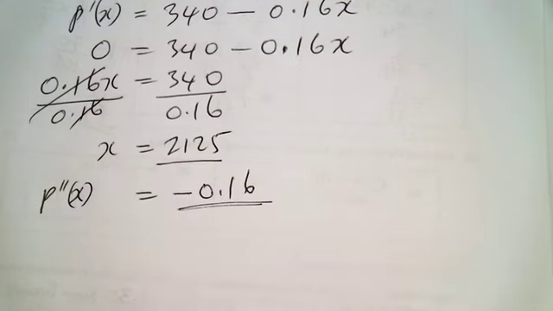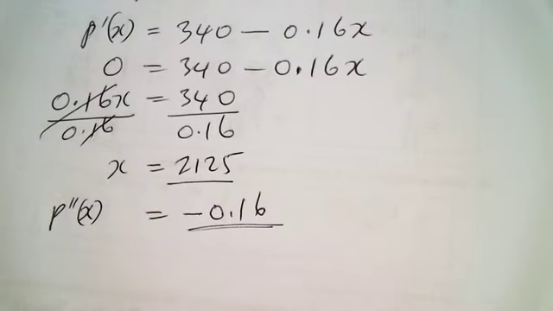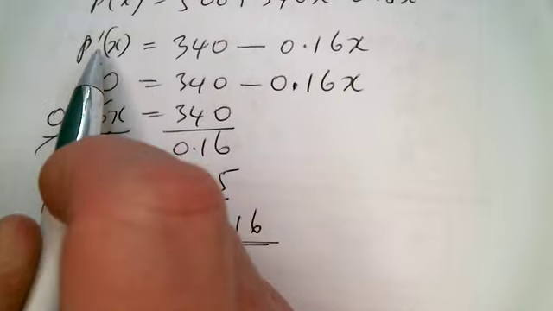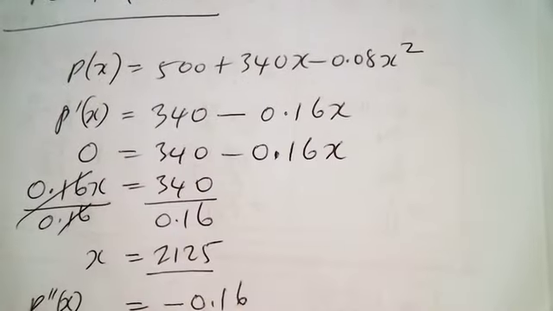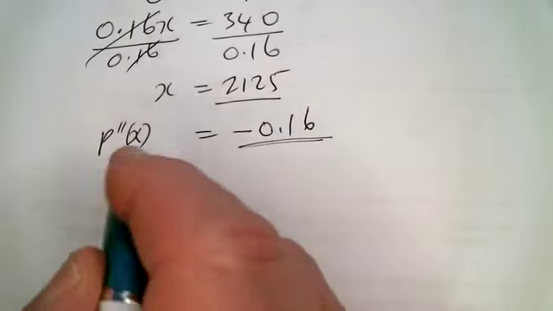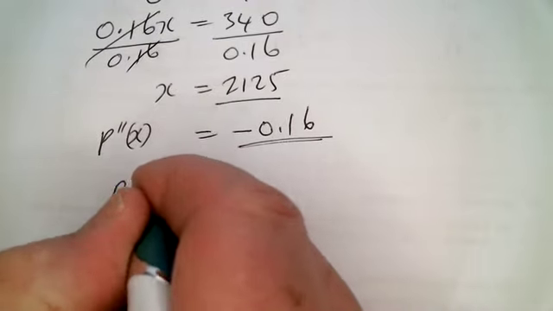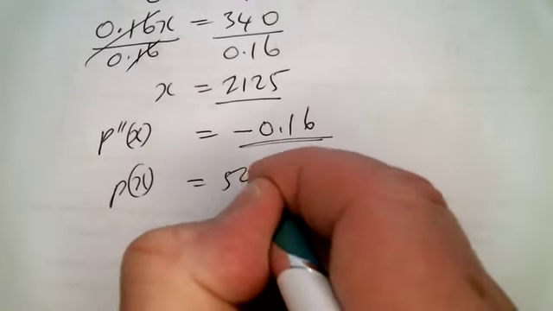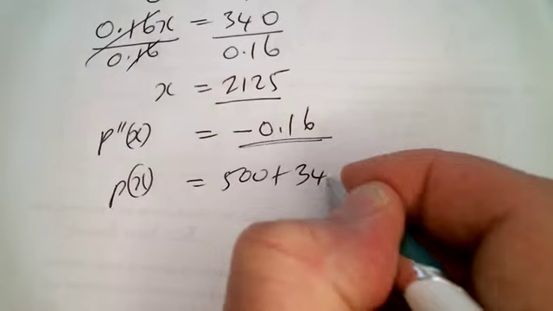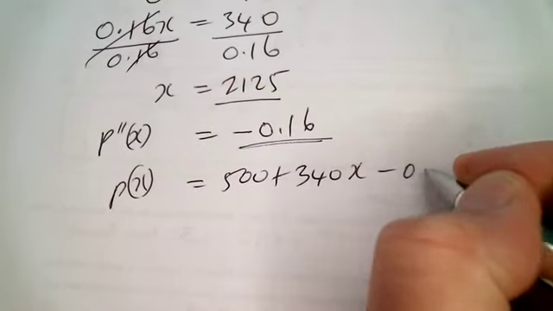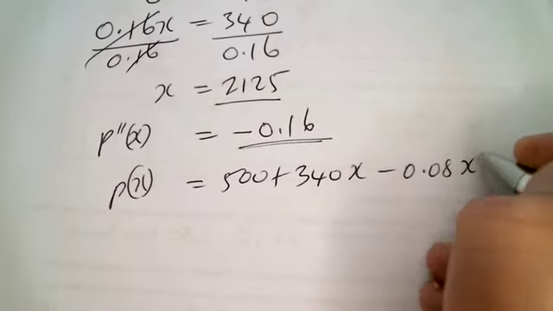All right, so now, of course, we have to find what that maximum profit would be. So we're going to take the original equation, which was P of x. There it is. Now I'm going to restate it down here. So P of x is equal to 500 plus 340x minus 0.08x squared.